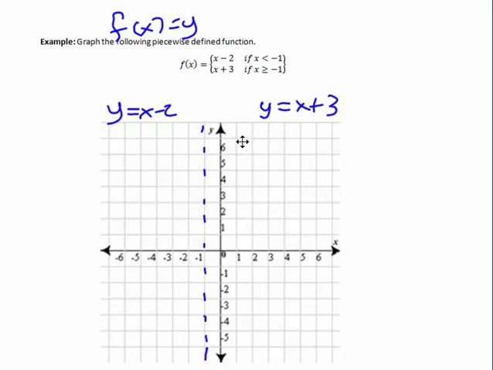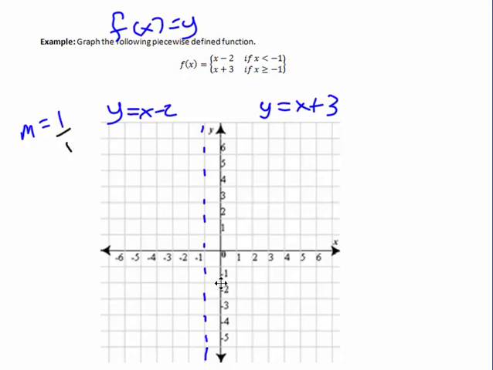Now, I want to graph. Since we're in slope-intercept form, I'm going to graph using slope-intercept form. So here, x minus 2 crosses the y-axis at -2, but I need to be careful. That's on the right side of my domain break. I can't graph here. So I'm going to count my slope until I enter my portion of the domain. I'm going to count my slope from -2 like I normally would. My slope here is 1, that is 1 over 1, a rise over run.